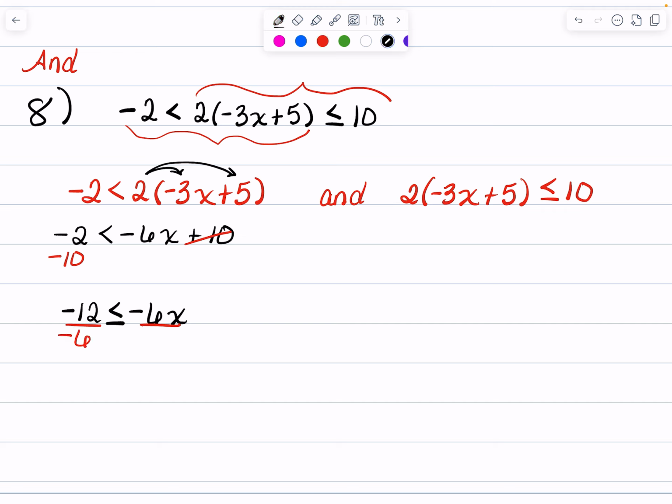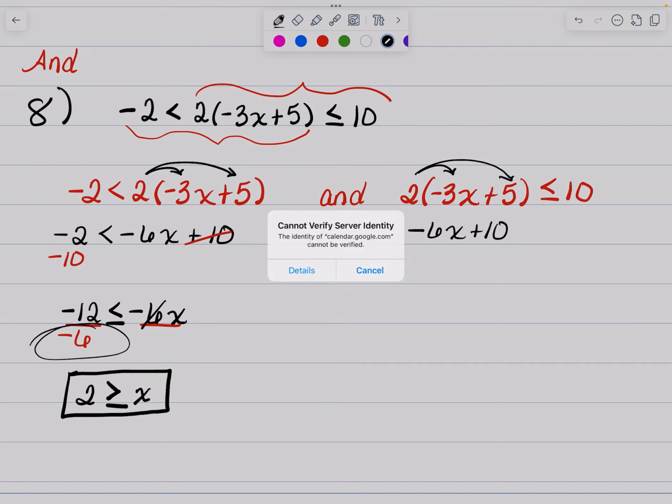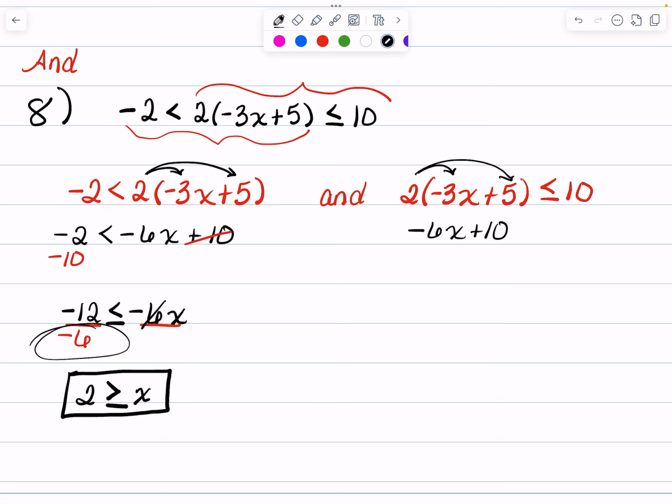Okay, all right, now let's go to the other inequality in this same sentence. So go ahead and use distribution first so we can get rid of those parentheses. So then we have 2 times negative 3x is negative 6x. 2 times 5 is positive 10, less than or equal to 10. Now we're going to move this positive 10 to the other side.